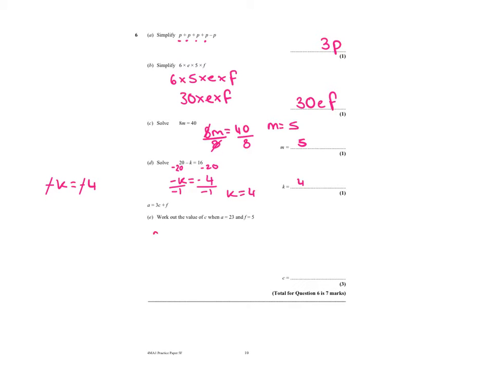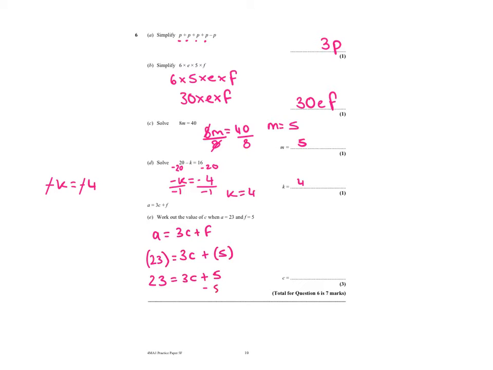So it says a equals 3c plus f. Work out the value of c when a equals 23 and f equals 5. Well, step 1, when we substitute, we always use brackets. So a is 23, so I've got 23 equals 3 lots of c, we don't know, plus 5. So I'm going to get 23 equals 3c plus 5.